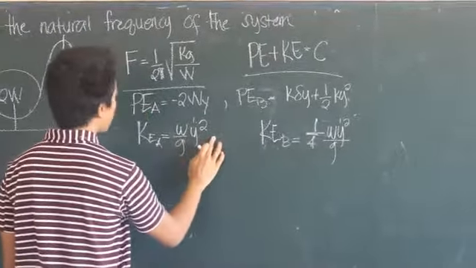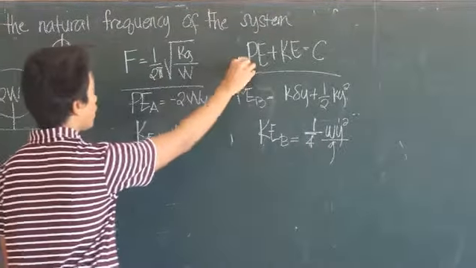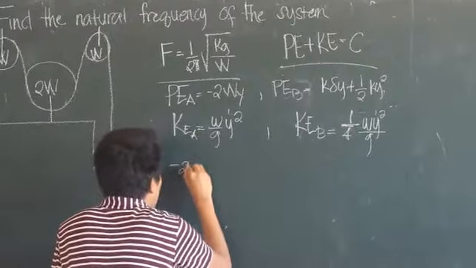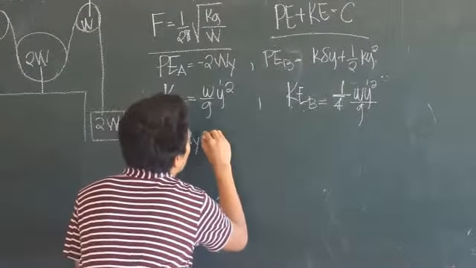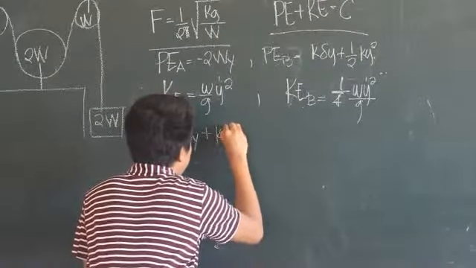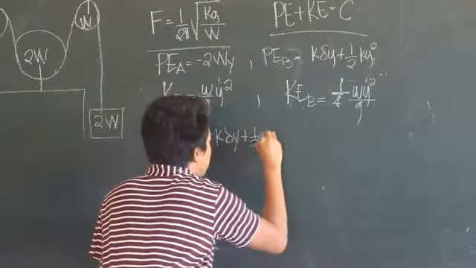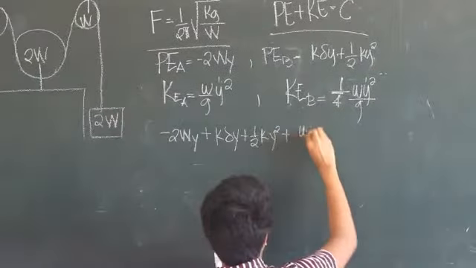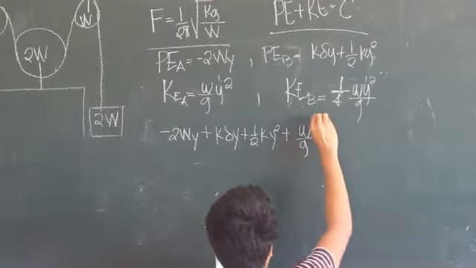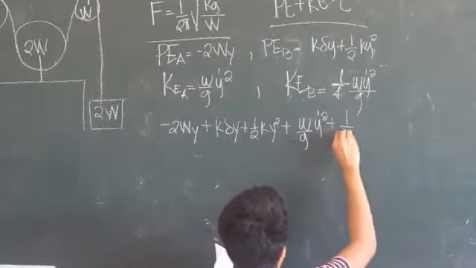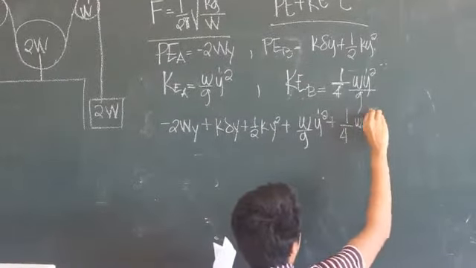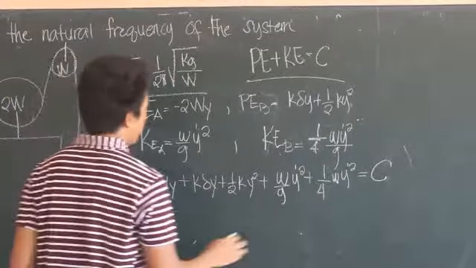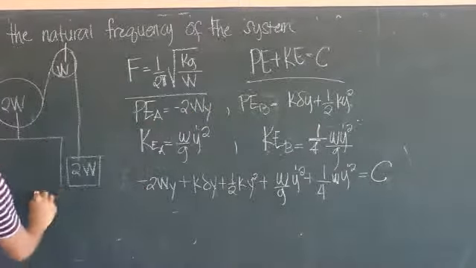Now, substituting these values of potential energy and kinetic energy to our total energy of the system equation, we have, so now, this is our total energy of this system equation.